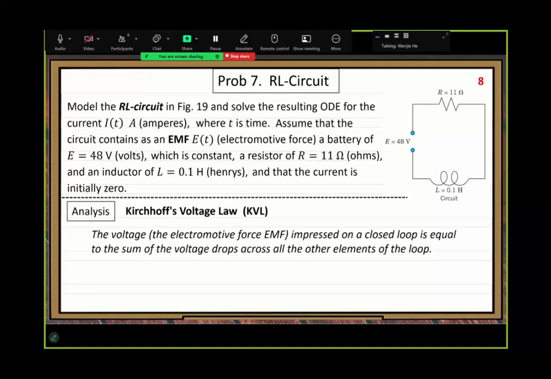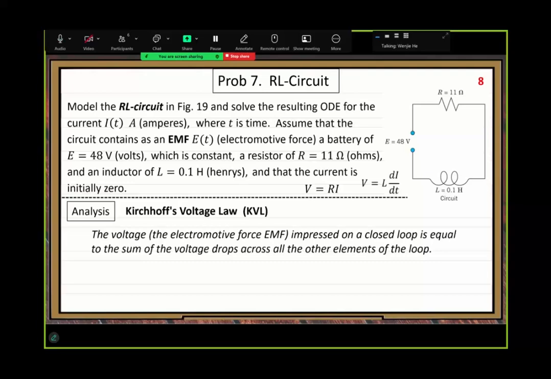All right, so now we can set up an equation by Kirchhoff voltage law. The voltage drop for the first component, if we call it V1, is R times I. The second one, V2, is L times the derivative of I. Remember our second basic law: the voltage drop equals L times the rate of change of the current.